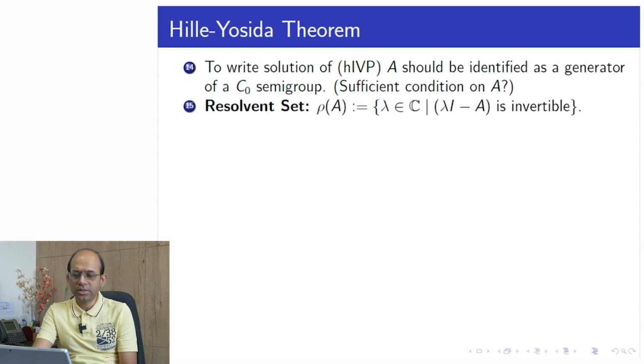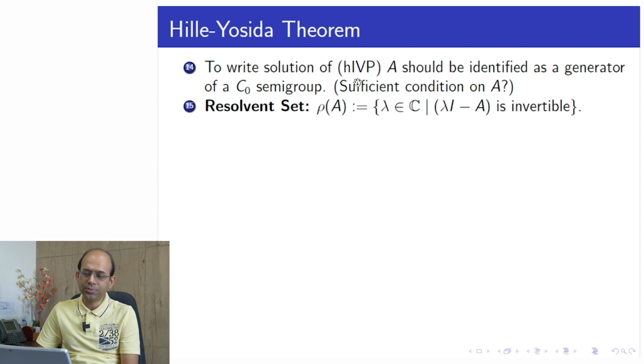Here we are looking at various definitions which are important for describing the Hille-Yosida theorem, which lists some sufficient conditions assuring the existence of a C0 semigroup generated by the given operator A.